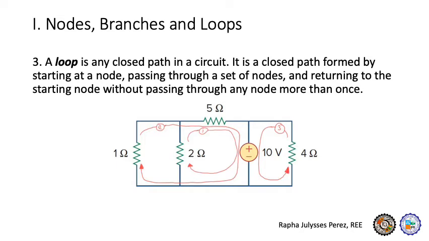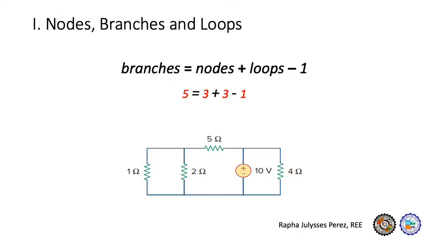So in order to remember how many nodes, branches, and loops there are in a single circuit, you need to consider this equation. Branches is equal to nodes plus loops minus 1. This is like the network topology that we have in order to determine the correct number of branches, nodes, and loops in a circuit.